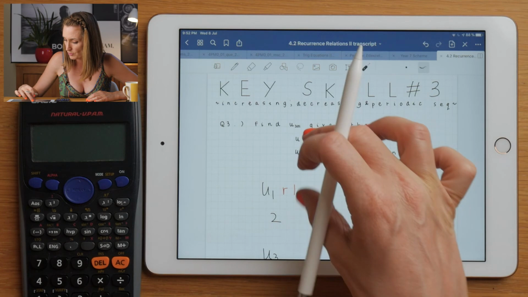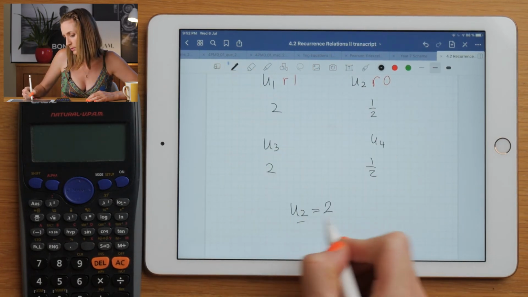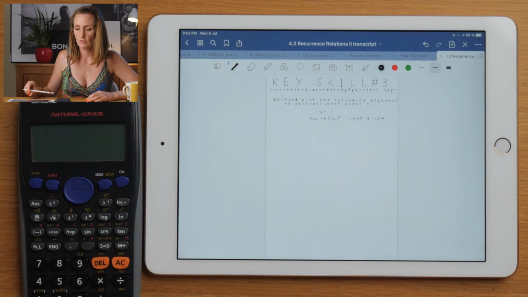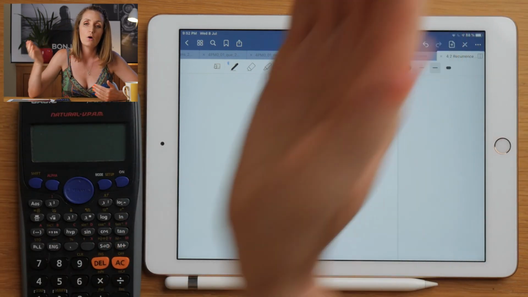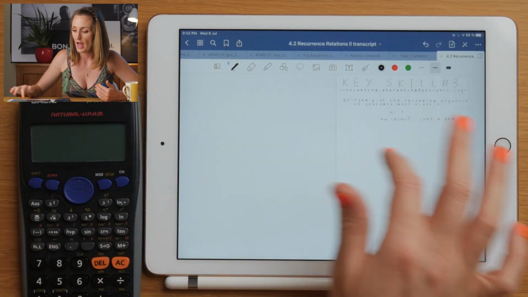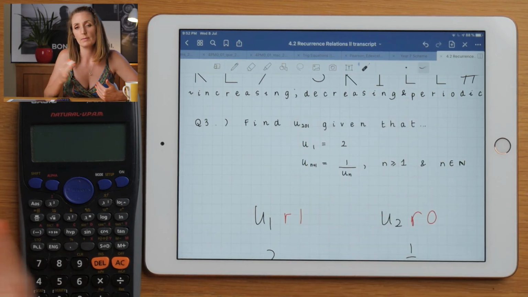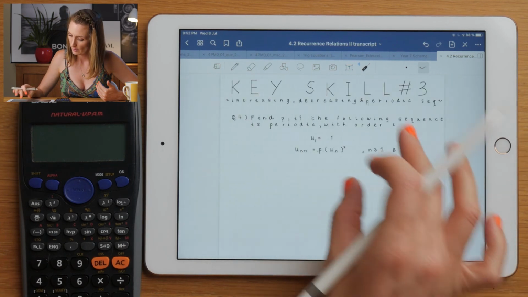So U201 would have to be equal to 2. So to recap, a periodic sequence is a sequence that repeats itself. Work out its period and then look at which term you need to find and think about what its remainder would be, and then you'll see which column you should be in.